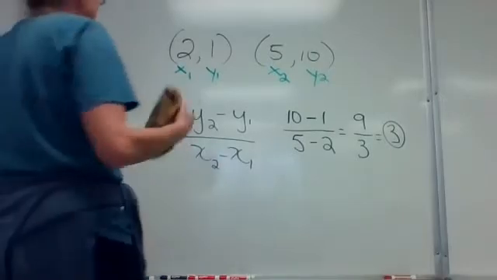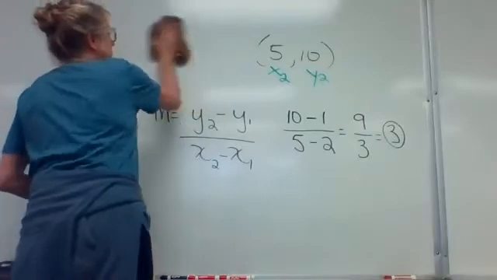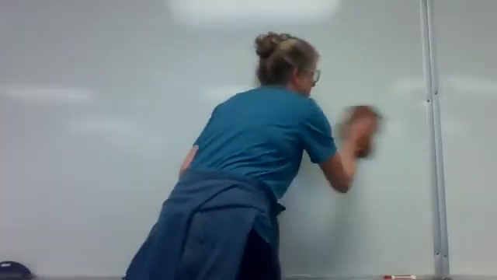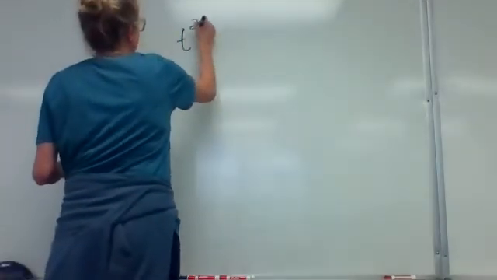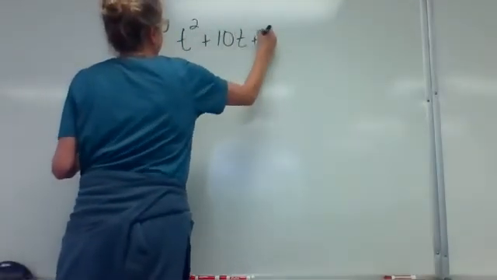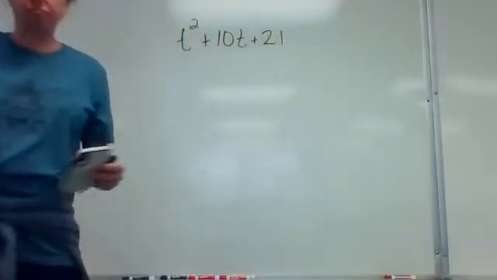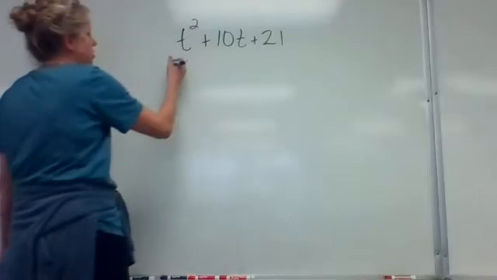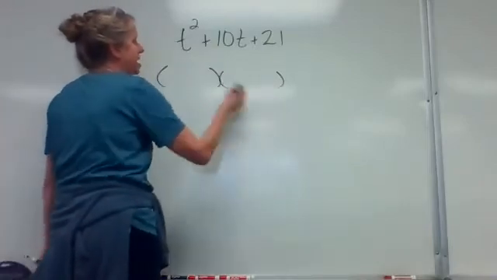All right, number 6. Six says to factor the trinomial t squared plus 10t plus 21. So it's a trinomial, so I'm going to factor it into 2 binomials.